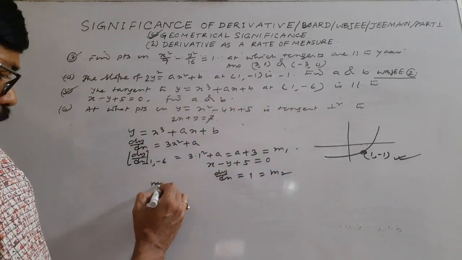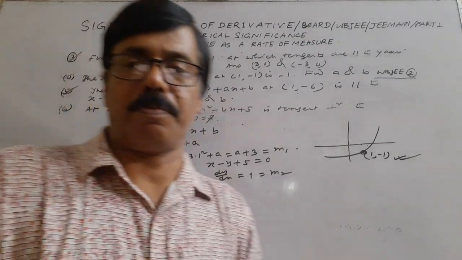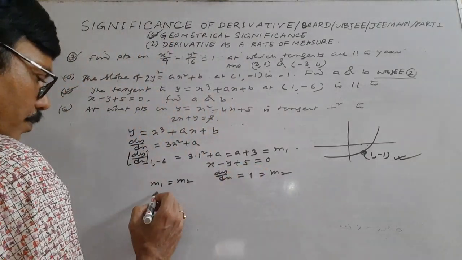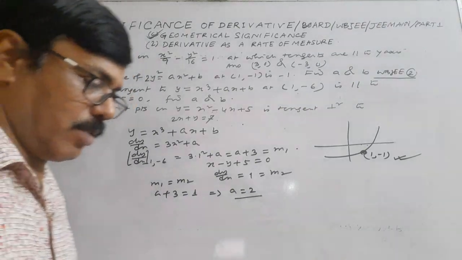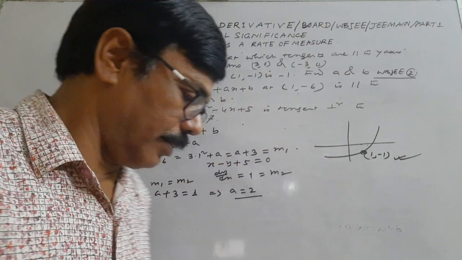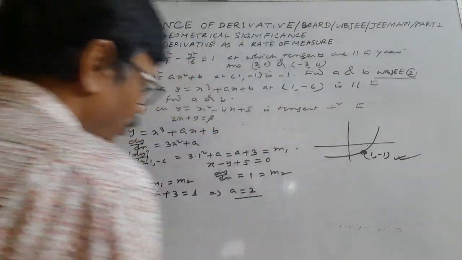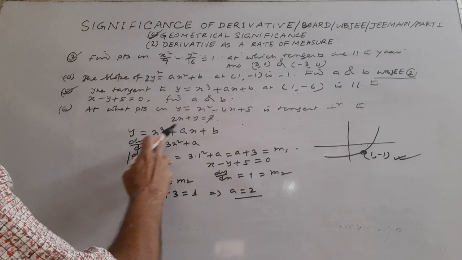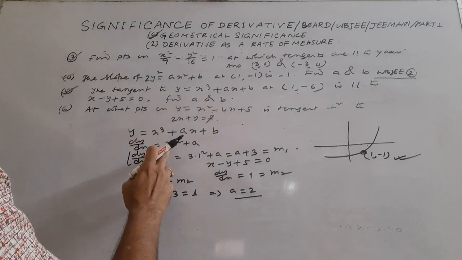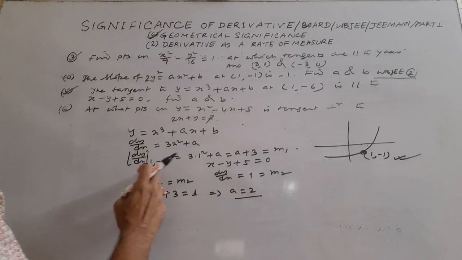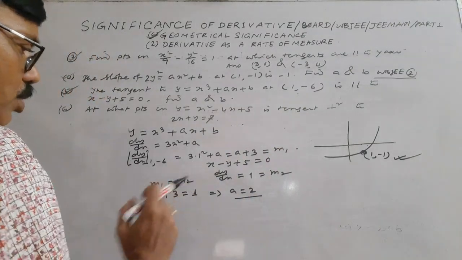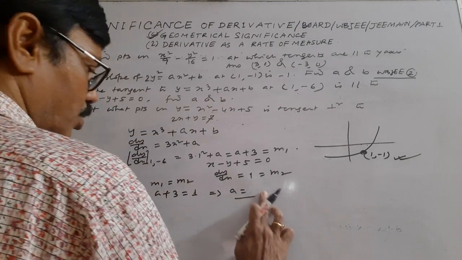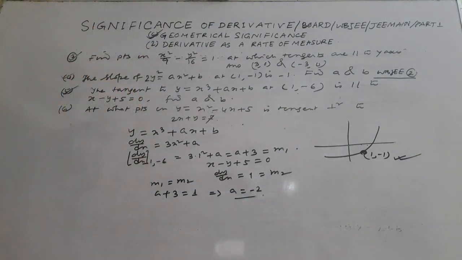Since they are parallel, m1 equals m2. So a plus 3 equals 1. So a equals -2.